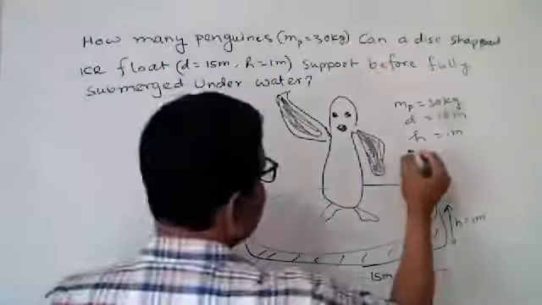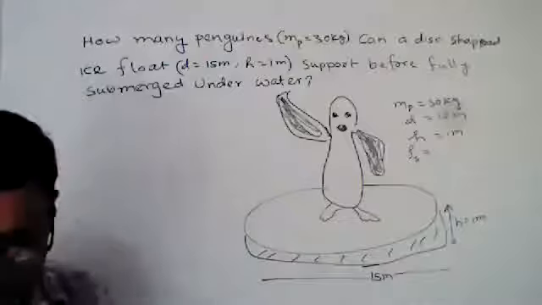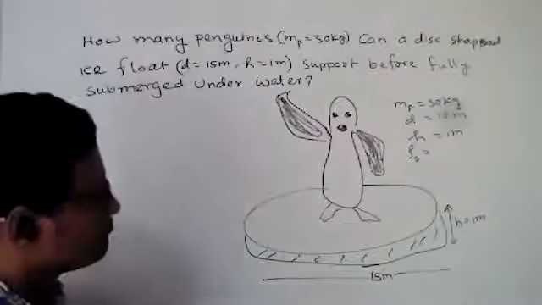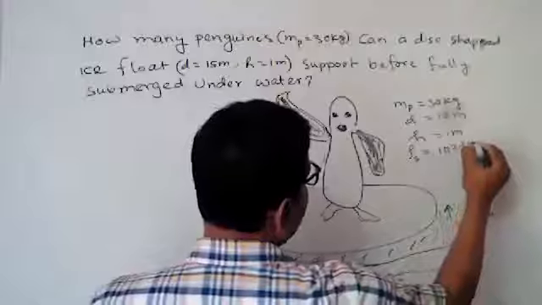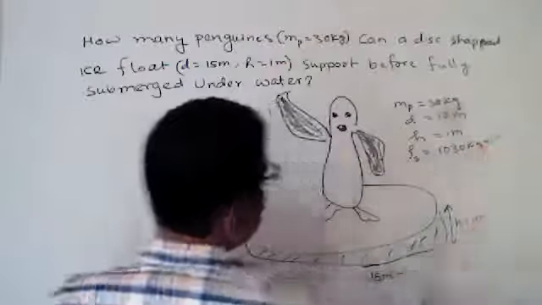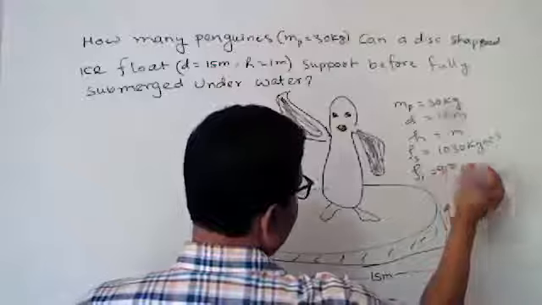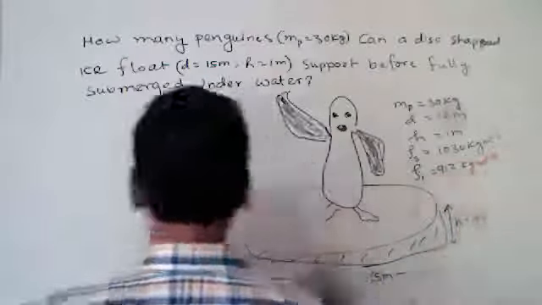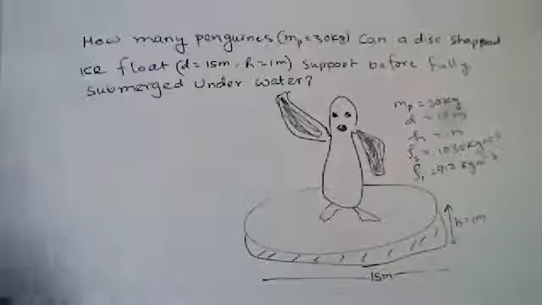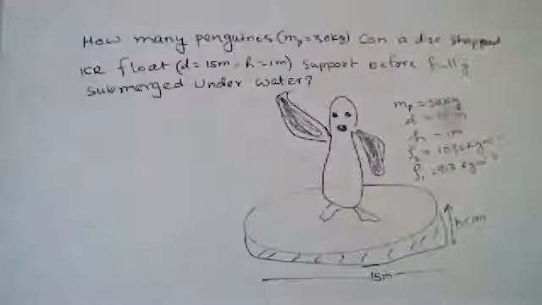We know the density of seawater, suppose 1030 kilogram per meter cube, and the density of the ice equals approximately 917 kilogram per meter cube. Understood?